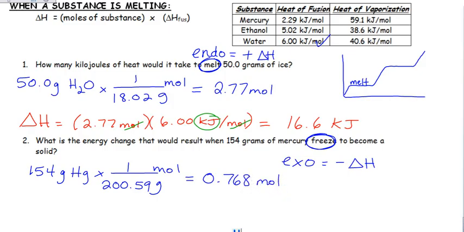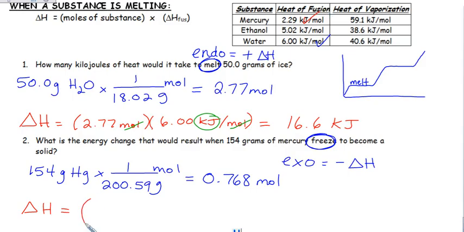And now here's all we got to do. Delta H equals. I'm going to go and look up the heat of fusion for mercury: 2.29 kilojoules per mole, but that's in the endothermic direction if I wanted to melt the mercury.